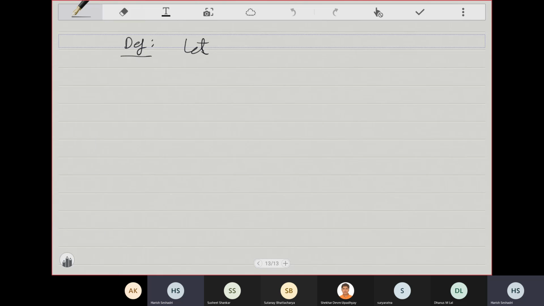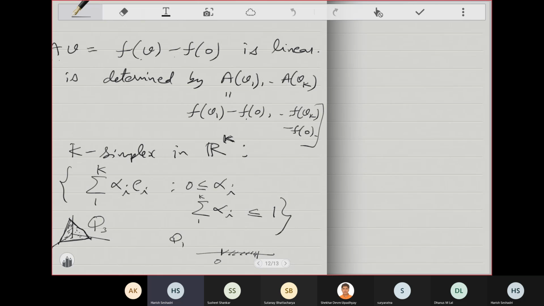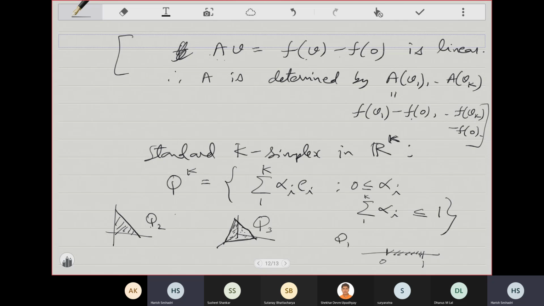But what if I want to talk about, let's say, instead of, according to this, Q_2 is a subset of R^2. But what if I want to talk about a triangle not in R^2, but in R^3?